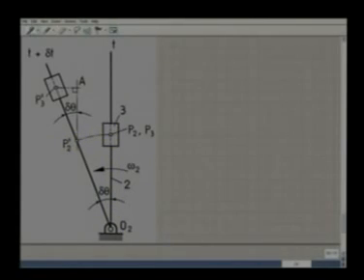Now, if we look for the acceleration of the point P3, we can express its two components, one along the rod and the other perpendicular to the rod. What we see, if we ask a person sitting on body 2, what is the movement of this point P3 prime?